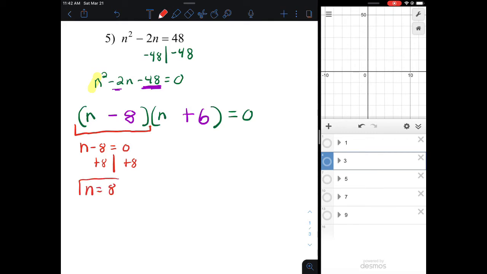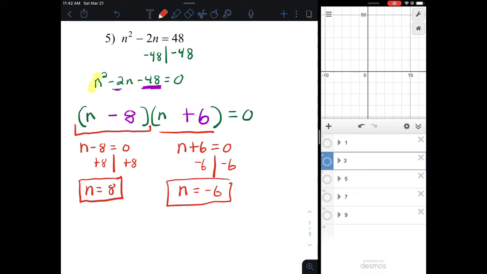So one possible answer to this problem would be if n was 8. And another possible answer would be if I zeroed out the n plus 6 factor, and so I subtract the 6 to the other side, and that's going to give me n equaling negative 6 as my possible answer.